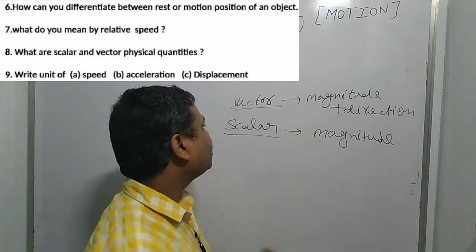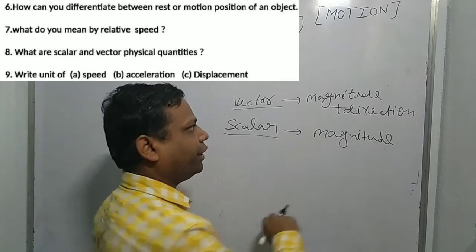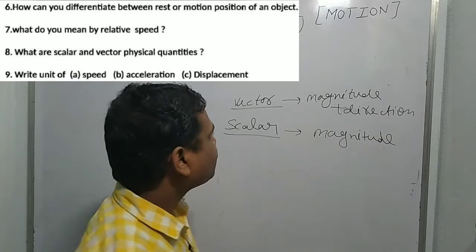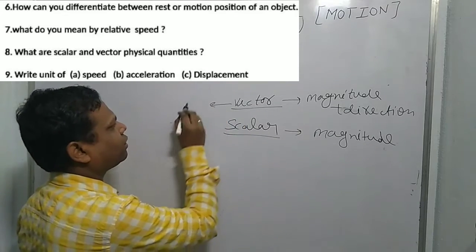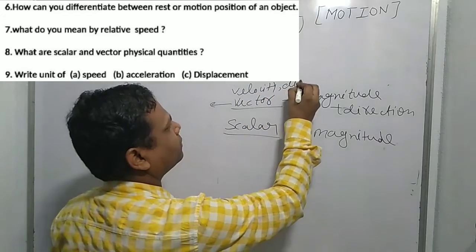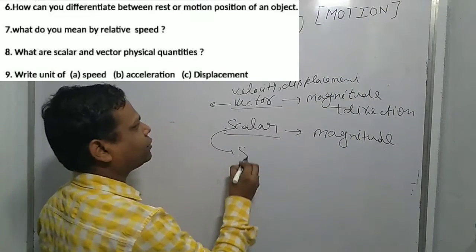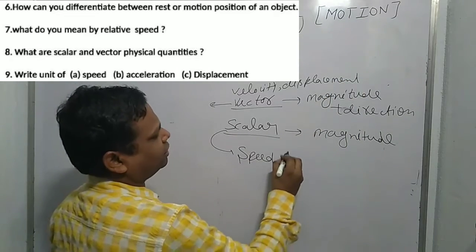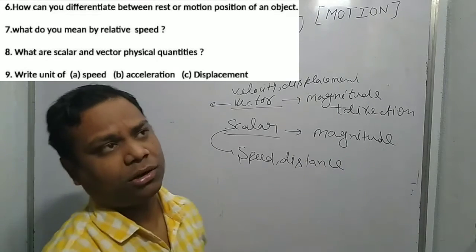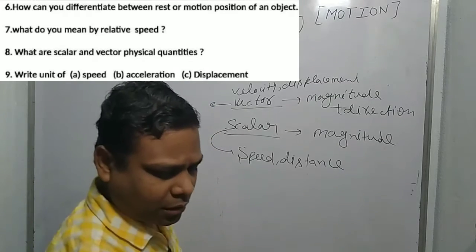Examples of vector quantities are velocity and displacement, and examples of scalar quantities are speed and distance, and there are many other examples of vector or scalar physical quantities. Okay students, next question.